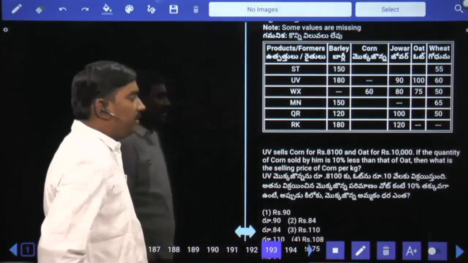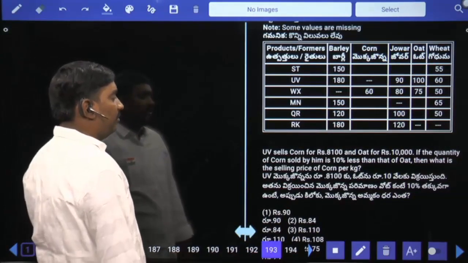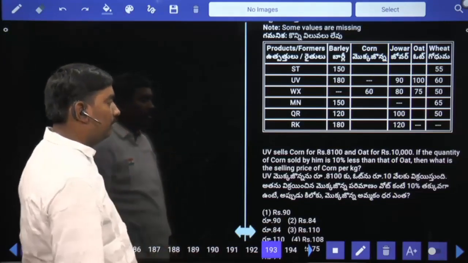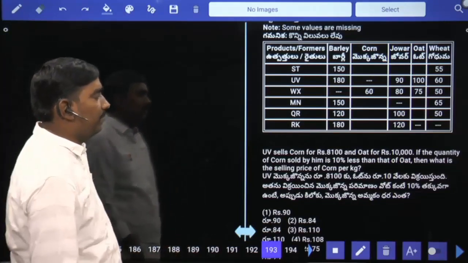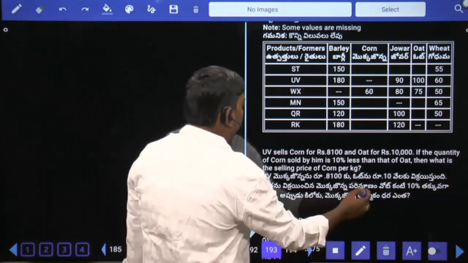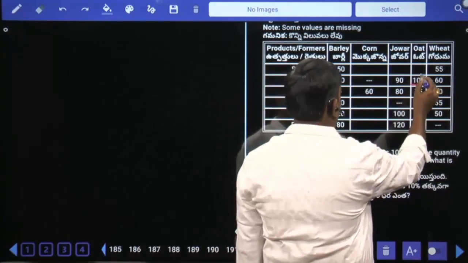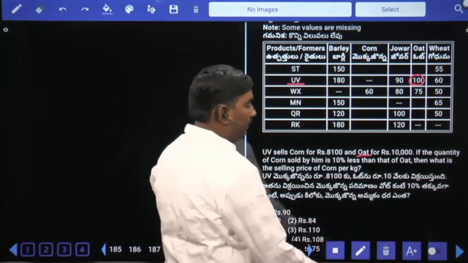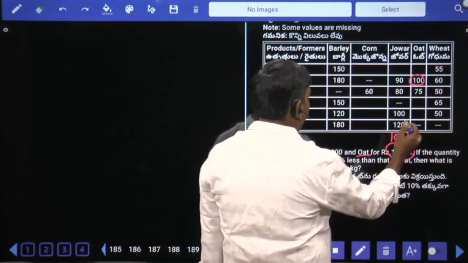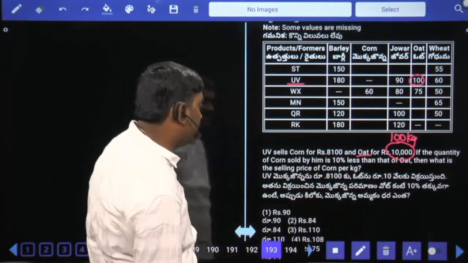UV sells corn for 8,100 rupees and oat for 10,000. If the quantity of corn sold by him is 10% lesser than that of oat, what is the selling price of corn per kg? Here UV's oat cost is 100 rupees per kg, so 10,000 rupees means he sold 100 kg.